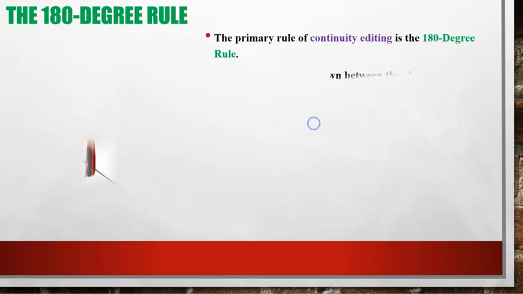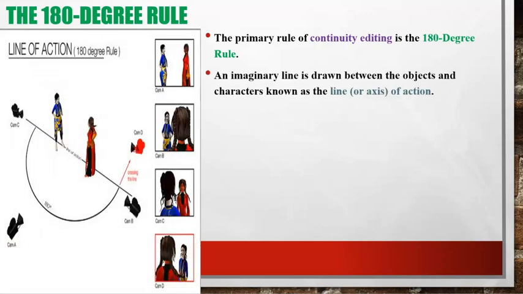Another important element for continuity editing is the 180-degree rule. This is the primary rule of continuity editing, whether you're doing dialogue, action, or monologuing. Anyone who's a sports fan or a video gamer will recognize how it works.